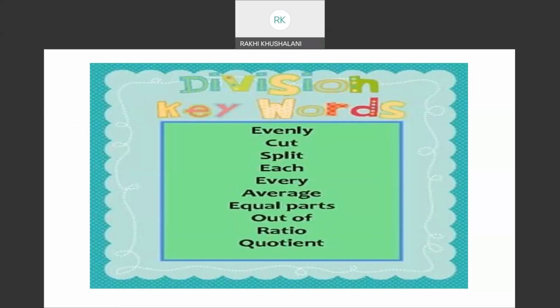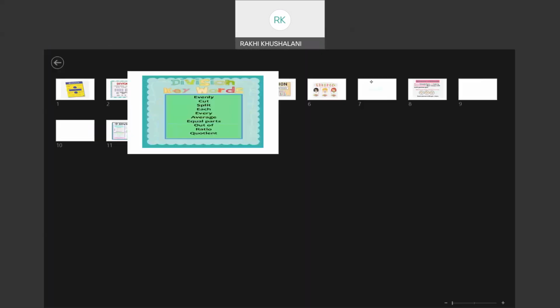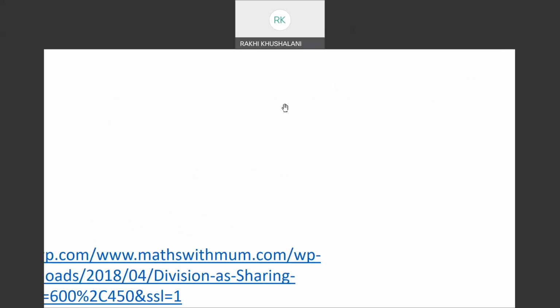So distribute equally, cut into equal parts, split the set of chocolates into equal parts, give each one in your class equal number of chocolates, give everyone, how much everyone will get.